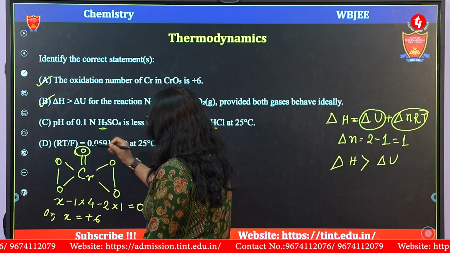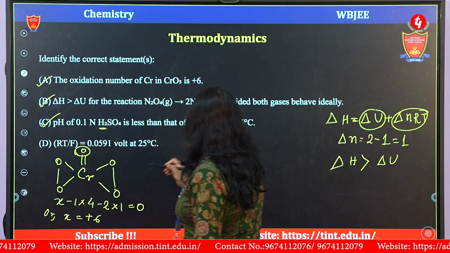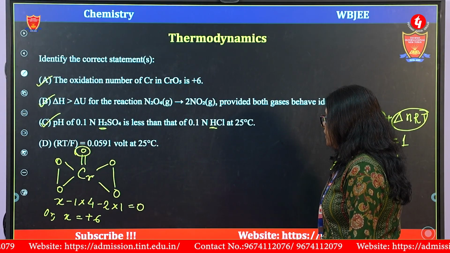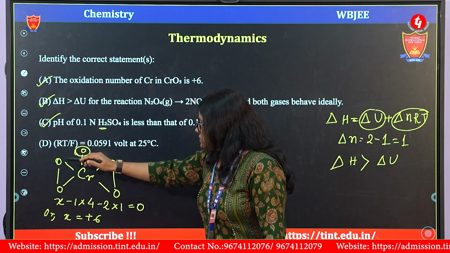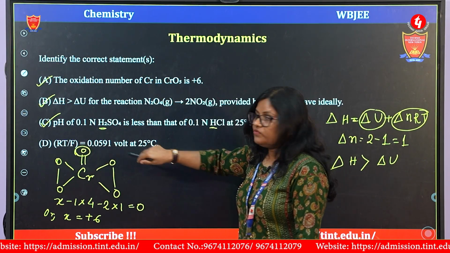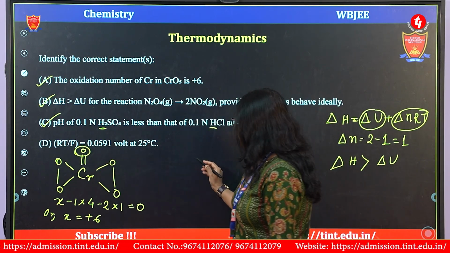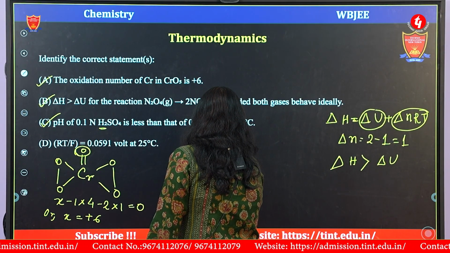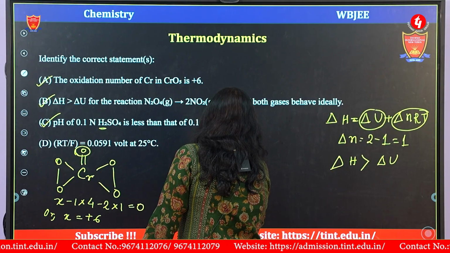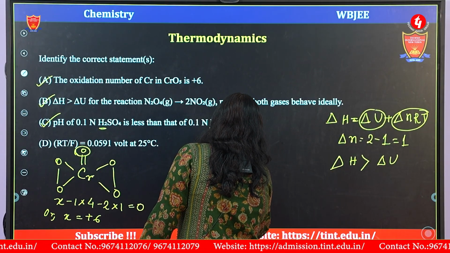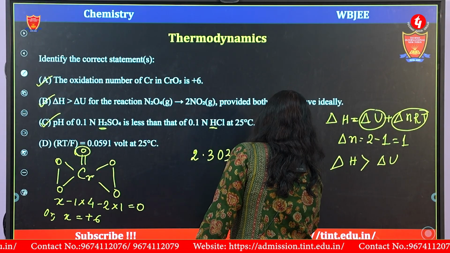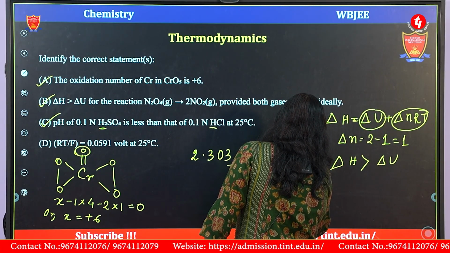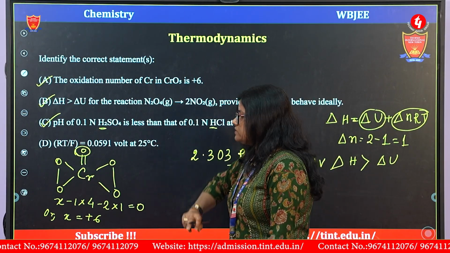So, pH of H2SO4 is less than pH of HCl. Last option, RT by F equal to this. This one is wrong because we know that 2.303 RT by F is equal to 0.0591 volt. So, this is an incorrect statement.